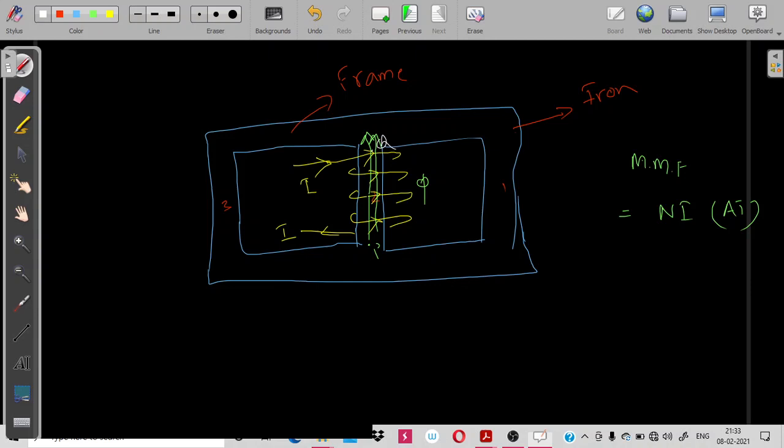That opposition is what we will call the reluctance of that limb.